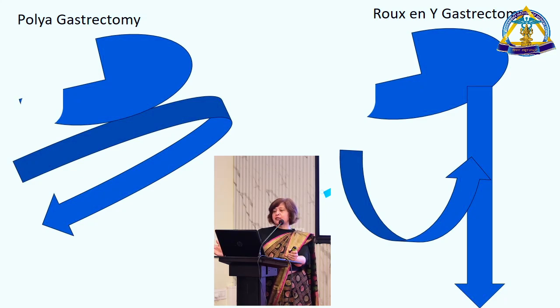Now after you transect, you will get two limbs of bowel. The distal limb of bowel is taken up to the stomach. This will always act as an enteral limb, which will be used for feeding. If it has been anastomosed properly, there will be no obstruction here. Gastric outlet obstruction is relieved.